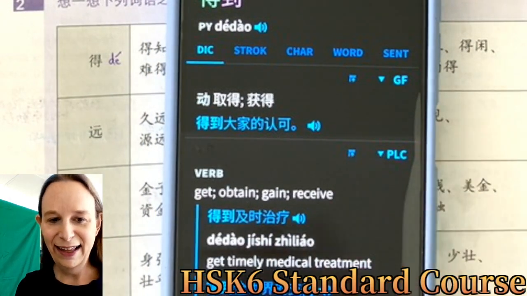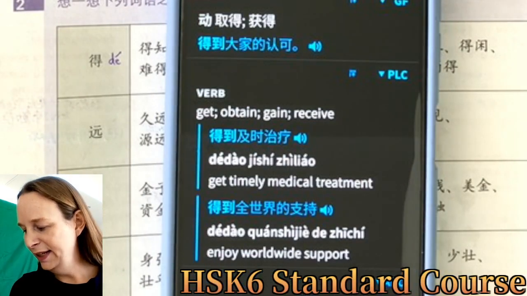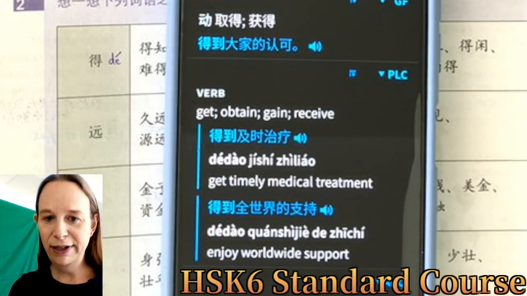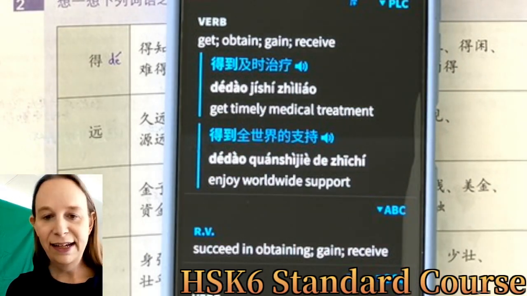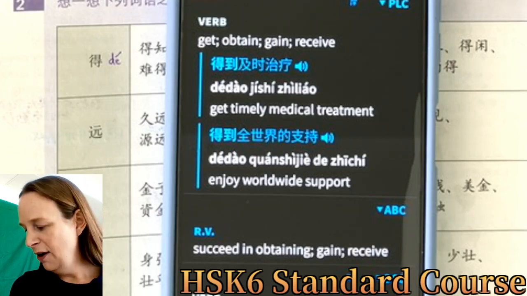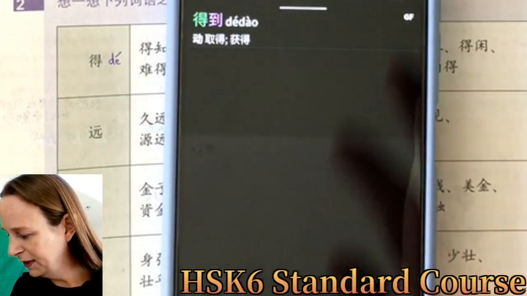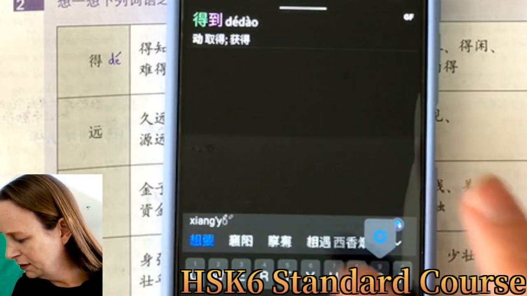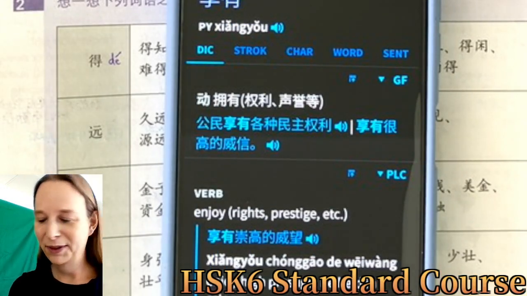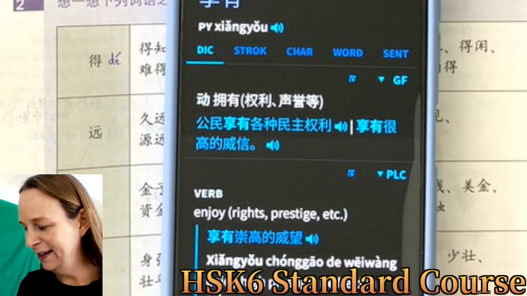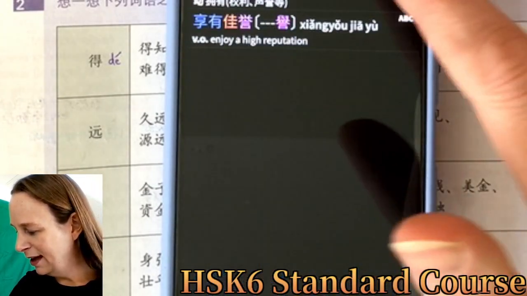Okay, so this is not exactly what you would say in English, but you get the idea, right? 得到及时治疗, receive timely medical treatment. 得到全世界的支持. Okay, yes, you can say that, but I would use 享有. 享有 is probably better here. This is like enjoy the possession of, kind of thing. Okay, 得到.